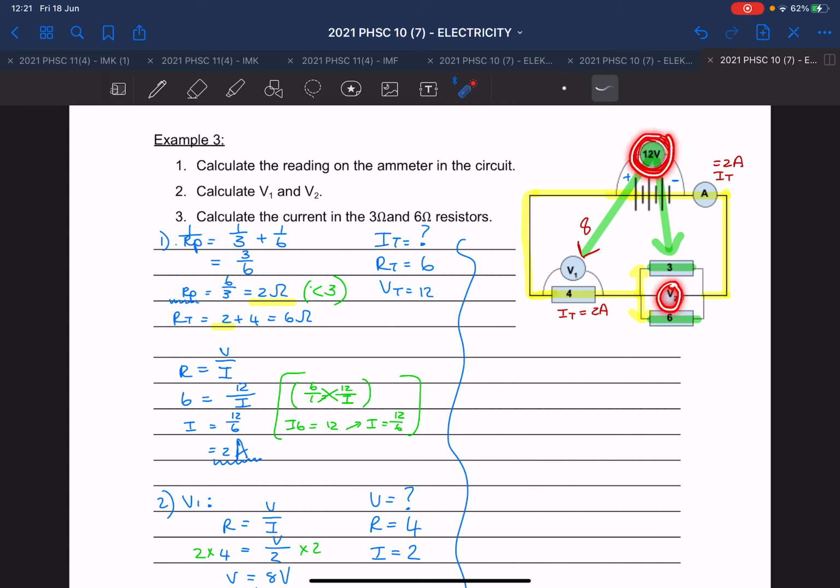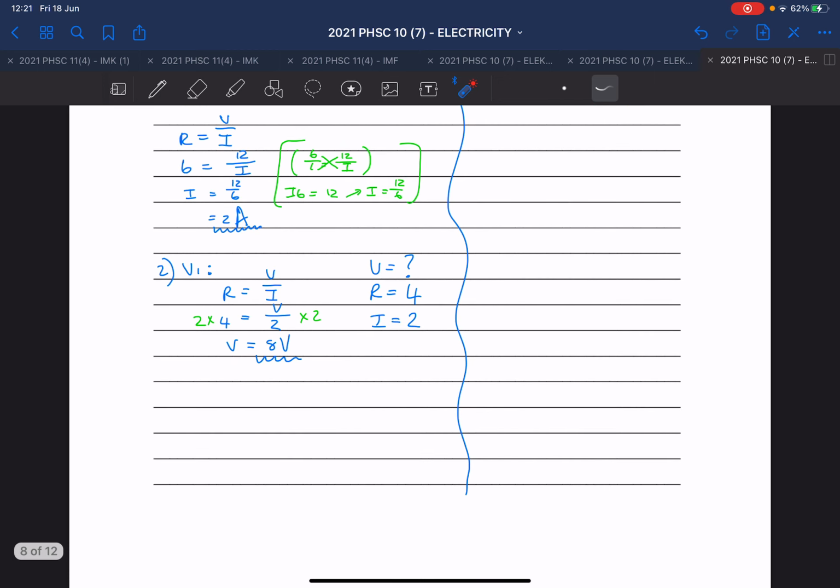We had 12 sandwiches, 8 of it goes to V1. How many goes to V2? Yes. So the reading on V2 will be 12 minus 8, and that gives you 4 volts.